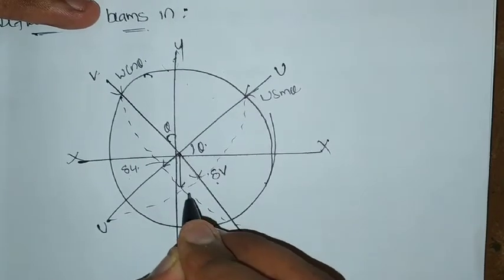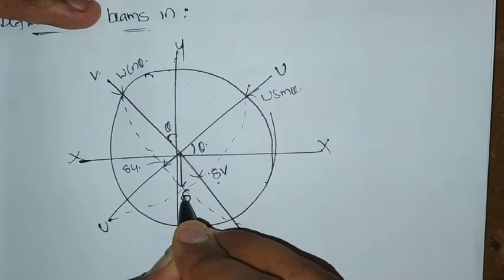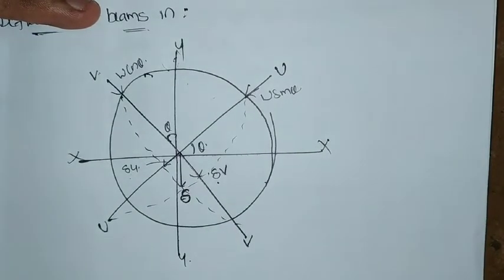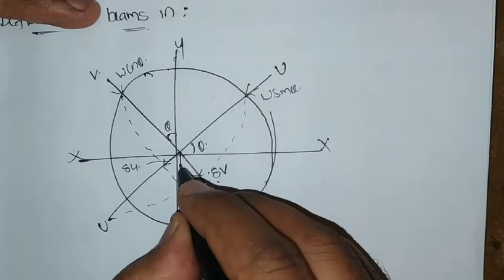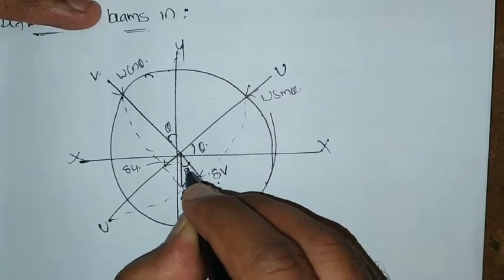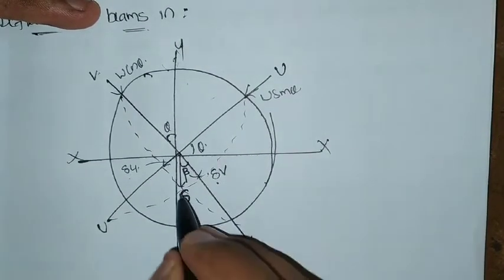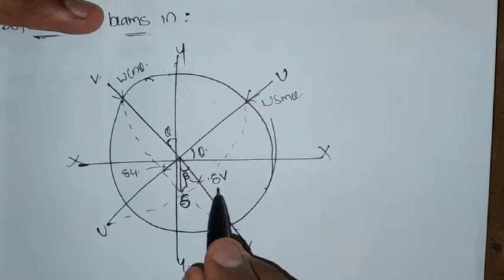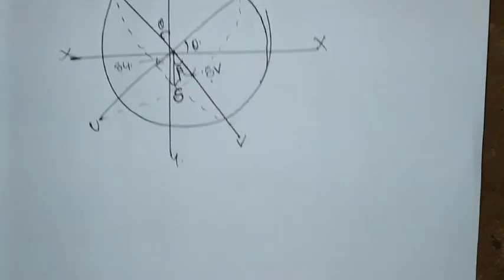That is denoted with delta, this is the resultant deflection, and it makes some angle in between. That angle is beta. We will see that later. So now we have to find out the values of delta u and delta v.